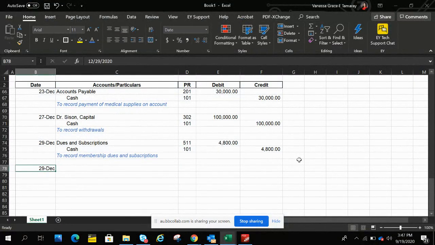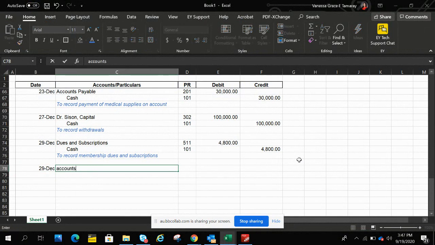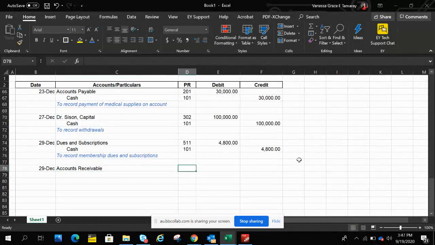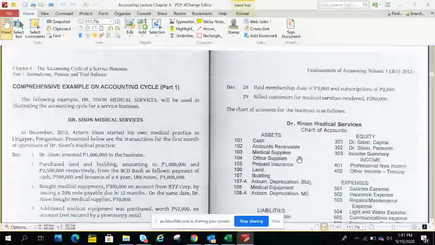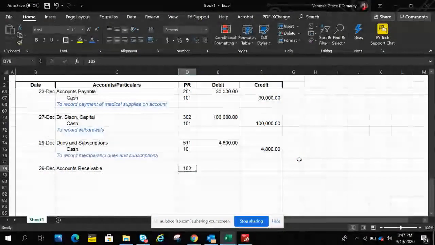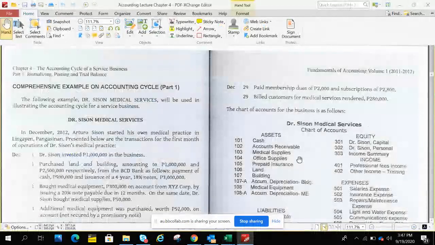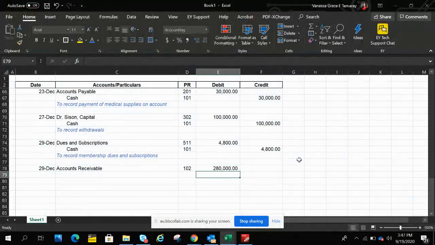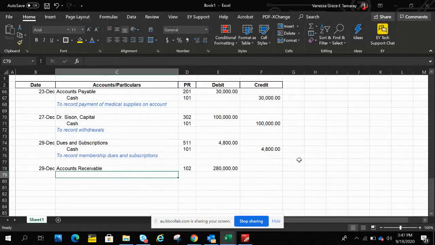So, debit accounts receivable. Ito ay 280,000 pesos. Credit. Ano meron? Cash ba? Hindi. Ano nga meron tayo? Medical service rendered.